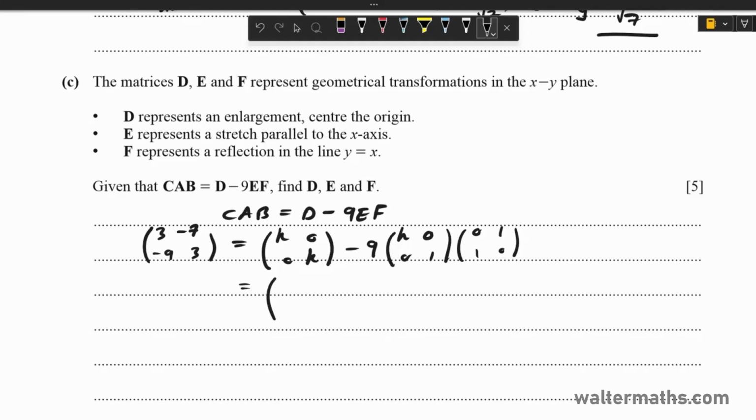So on the right side, we'll be having K, 0, 0, K minus 9 of, and multiplying these two brackets, this row by this column, we get 0, then this row by the second column, we get H, this is supposed to be H. Then this by this, we get 1, and this row by this column, we get 0.